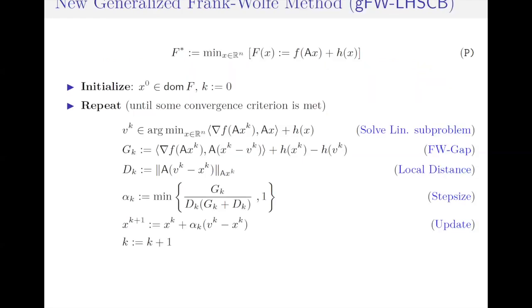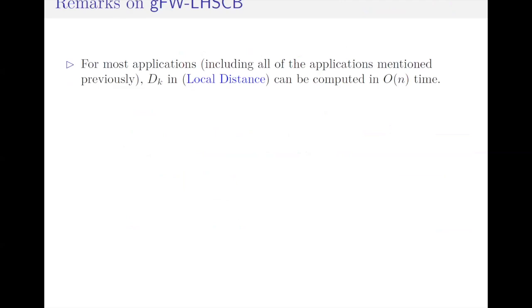Probably some of you might have this question: computing this local norm involves the Hessian, and then this can incur high computational cost. Okay. But actually, for a lot of applications in practice, because the function has some special structure, the local distance can be computed in O(n) time, where n is the dimension of the problem, instead of O(n squared) time. The reason is that typically the Hessian admits some low-rank factorization form.